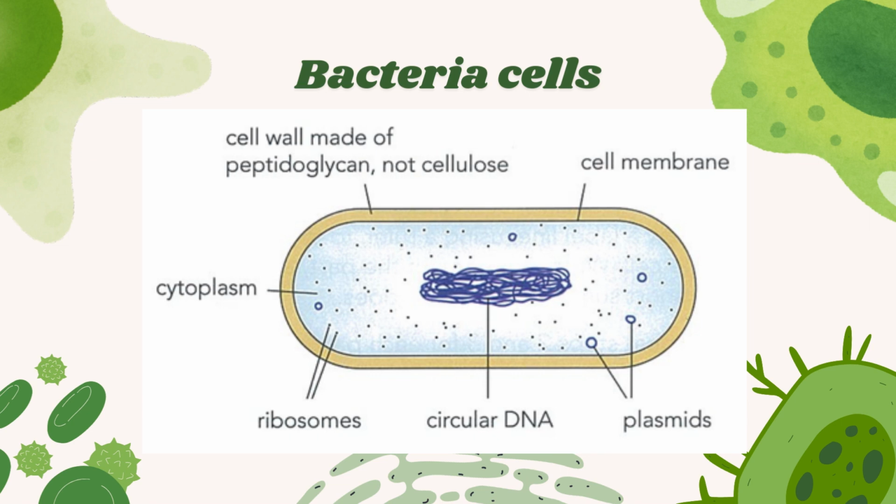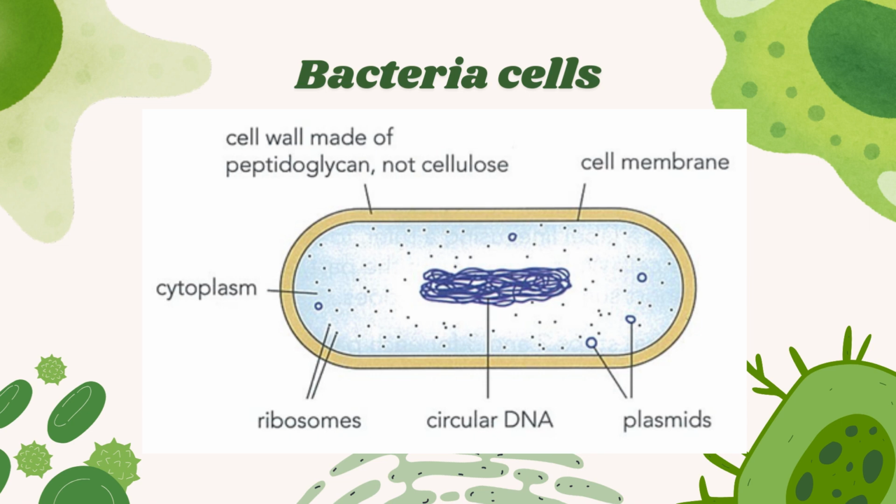Nucleus means the membrane or organelle which holds the genetic materials. In bacterial cells, there is no nuclear membrane surrounding the genetic materials, but they have genetic materials, RNA or DNA, as well as plasmids.